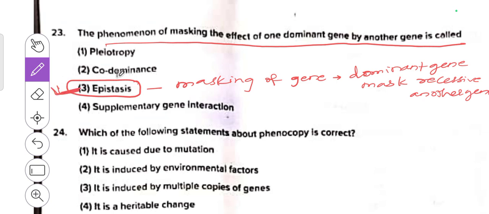So 3 is the right answer for this one. You can take an example of a gene which decides the height of an individual, height in plants, where the tall allele will mask the short allele. So 3 is the right answer for this question.